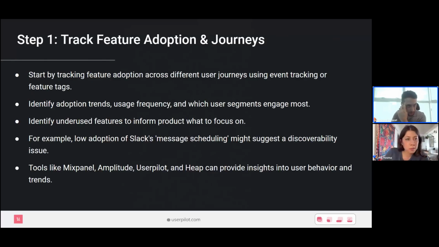Okay, so tracking features. There are different ways to track features. There are a lot of tools out there that will allow you to even do no code with, say, feature tagging, right? Very easy. We need to be able to identify both the adoption and the usage frequency. What are the segments that are using this feature more than others?